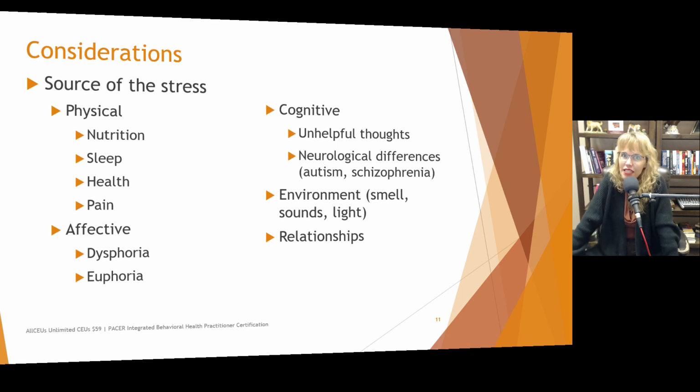What we may not see as a problem, what we may not be overwhelmed by may be completely overwhelming or traumatic to them. So it's important to assess how people perceive the world, how they think about the world, and what they think of as threatening.